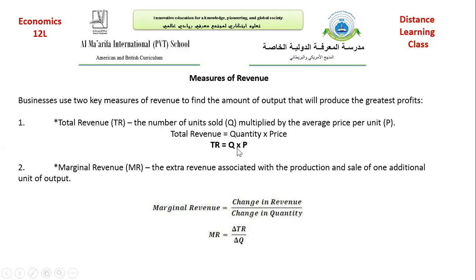TR equals Q times P. Marginal revenue, MR, is the extra revenue associated with the production and sale of one additional unit of product. The formula of marginal revenue is the change in revenue over the change in quantity. MR equals delta TR over delta Q.